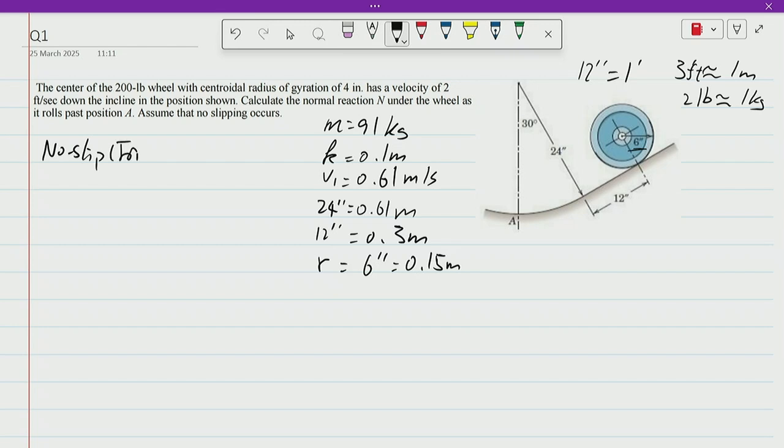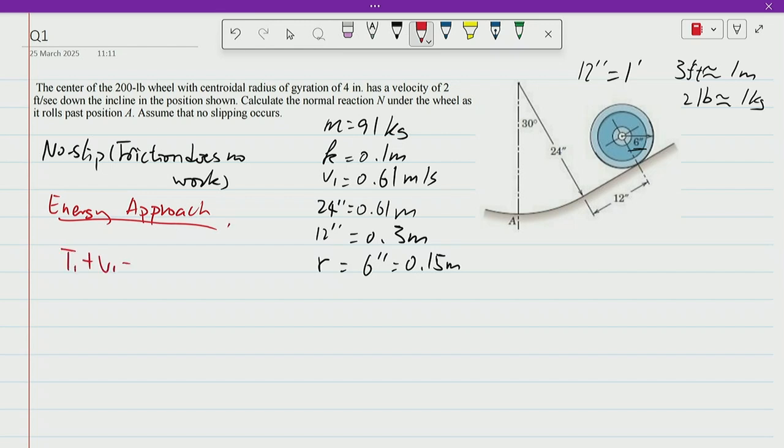Okay. The question says no slip, which is good. As far as friction goes, it does no work. This means we can use our favorite energy approach: T1 plus V1 equals T2 plus V2.